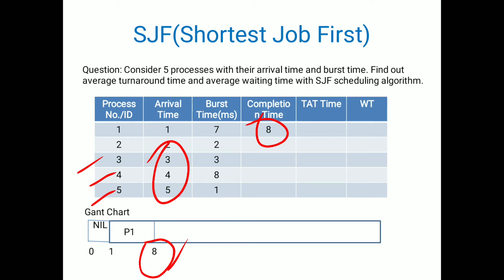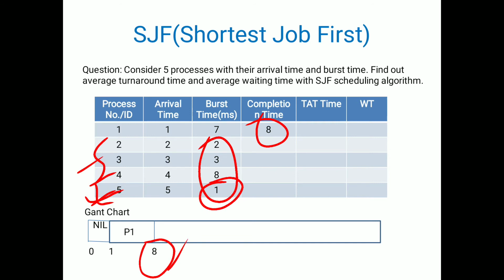Now we have to check, in these four processes, whose burst time or CPU time is shortest. The process P5 has the shortest burst time, so P5 is to be executed after P1. The burst time for P5 is 1.